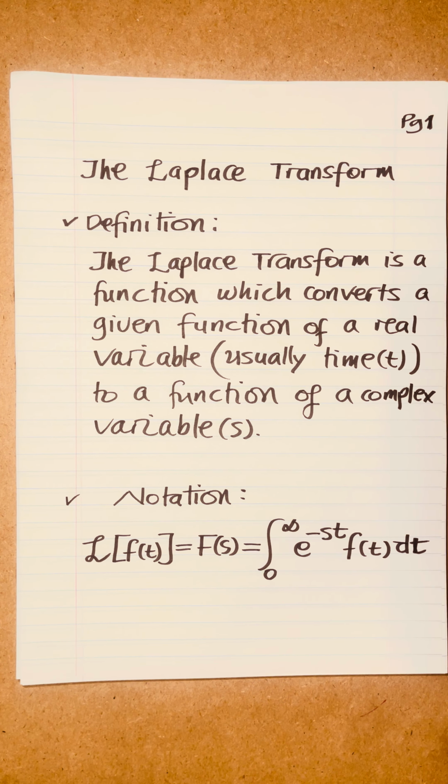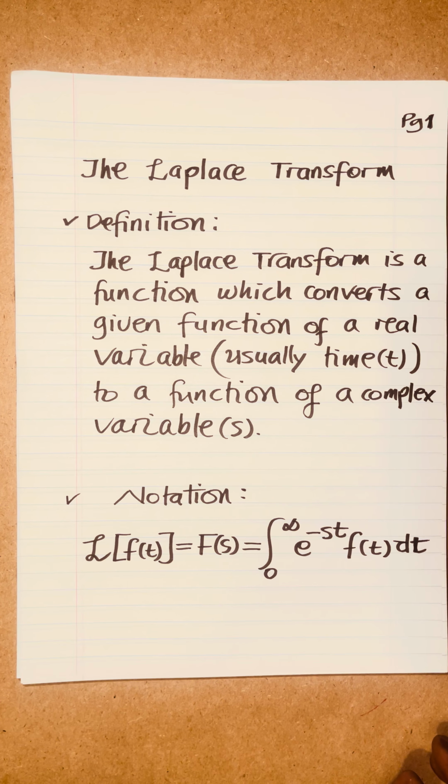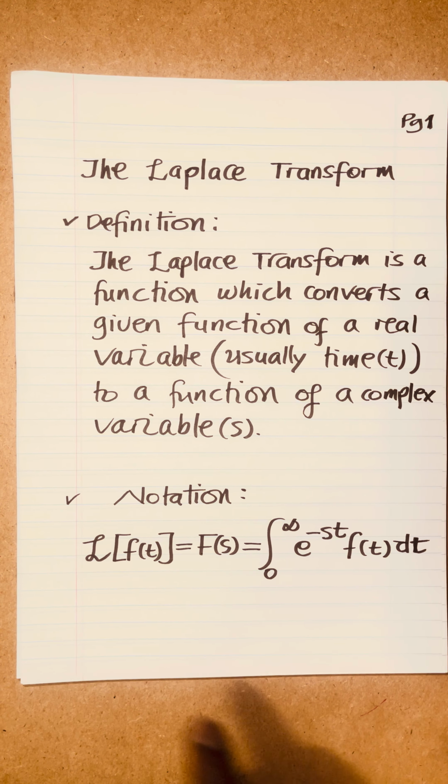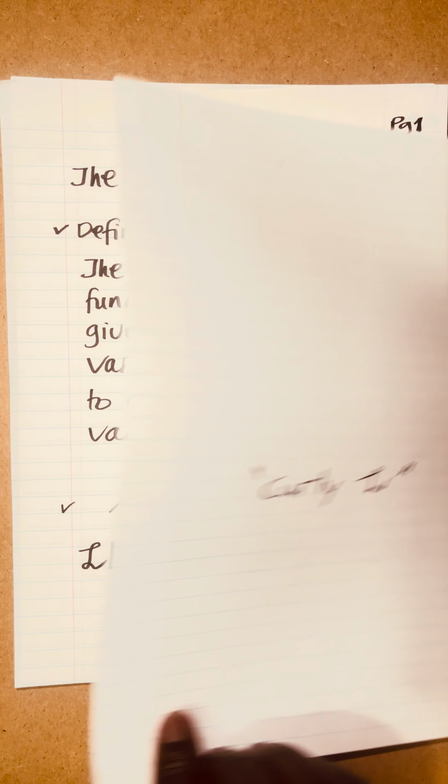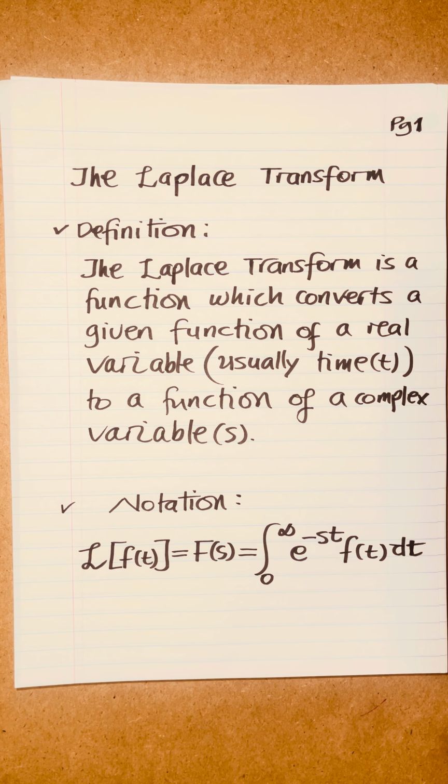Now that is the definition of the Laplace transform. Remember I told you that this is curly L. It's curly L, written like this. Basically, we are saying that it's the Laplace transform operator.